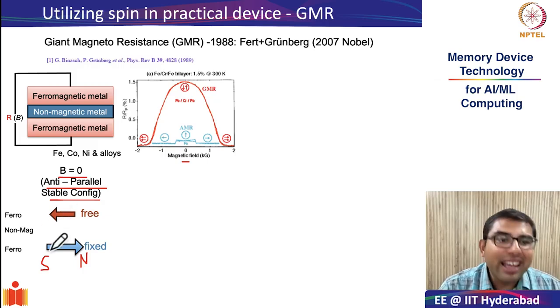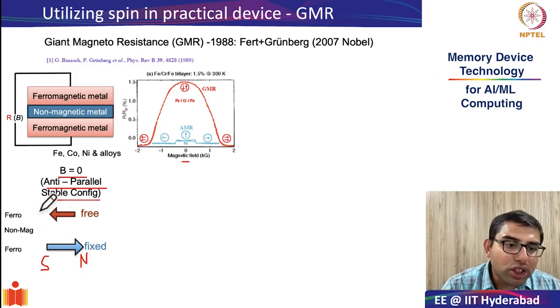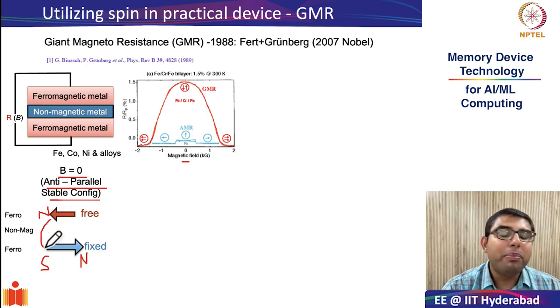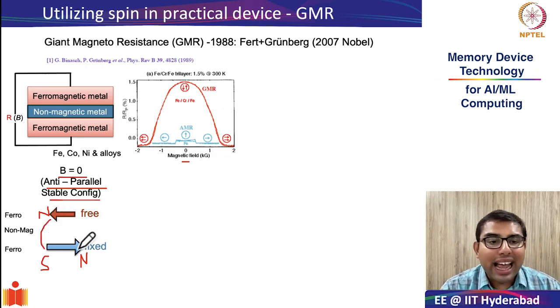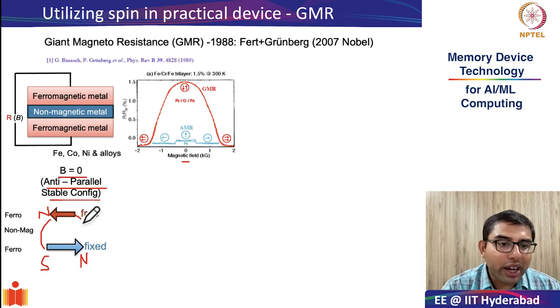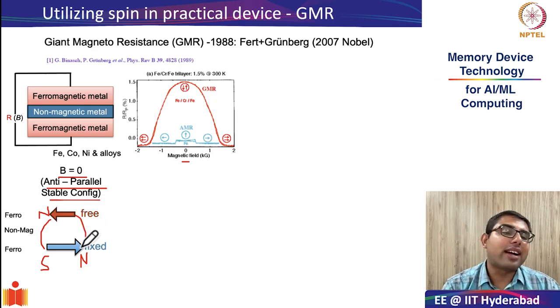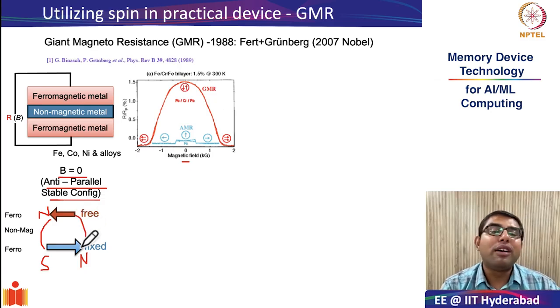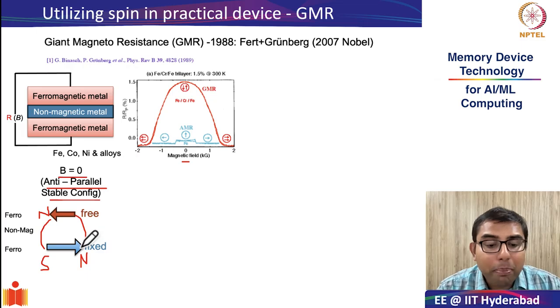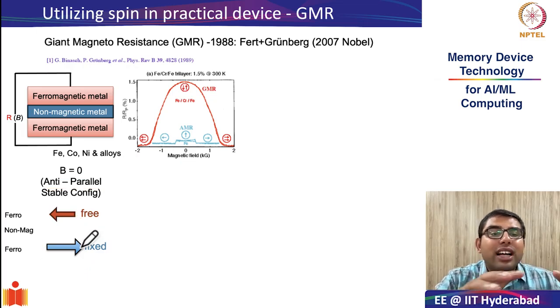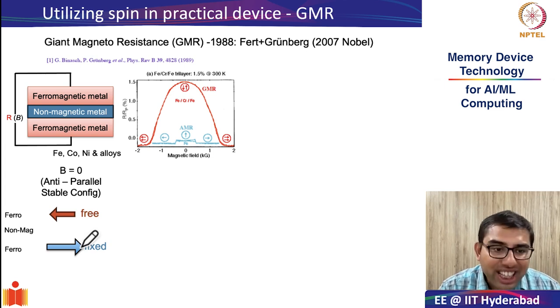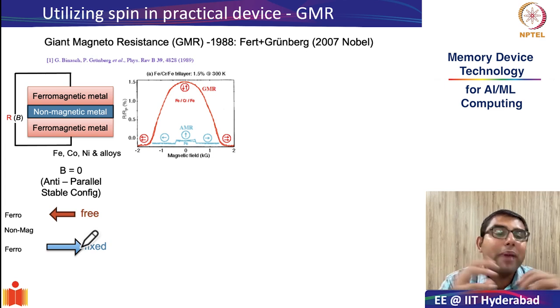Of course, they will be anti-parallel in nature, because the North Pole of the free moving magnet will be attracted to the South Pole, and the South Pole of the free moving magnet will be attracted to the North Pole of the fixed magnet. That's why at B equal to 0, or at stable configuration, you have anti-parallel orientations in the spin or magnetization of the two ferromagnetic layers.